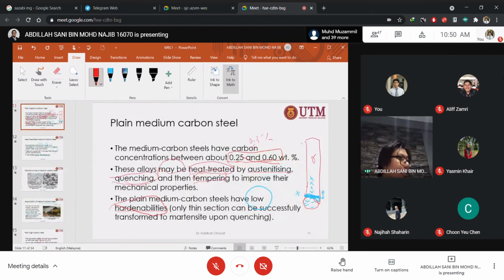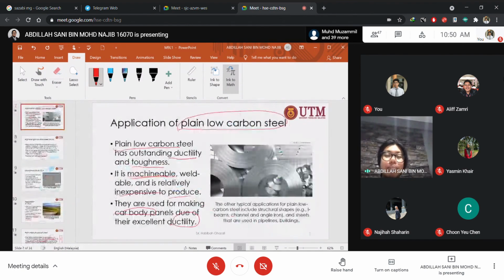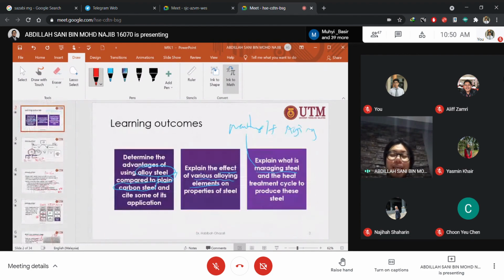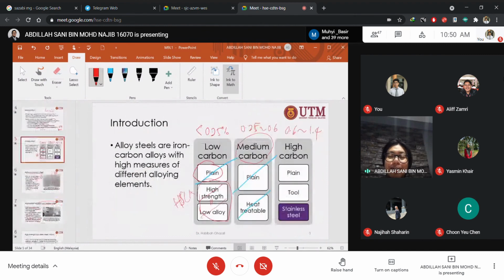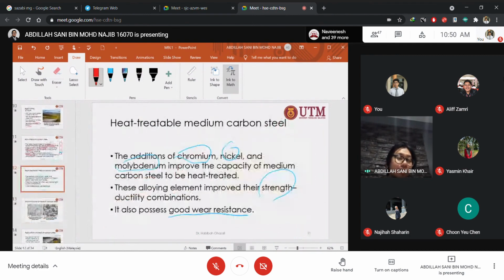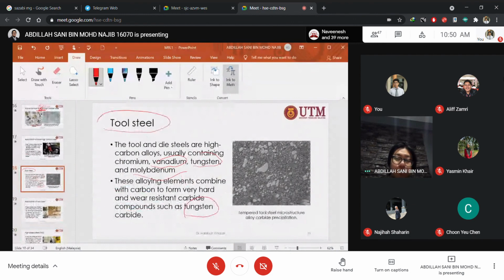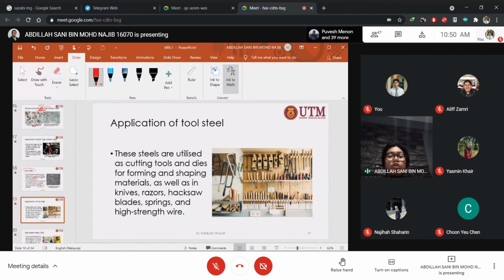Our time has already passed, but allow me just one or two minutes more. Sorry, because plain is done and now we are looking at tool steel. So we just finish off at the tool steel. It forms the tungsten carbide, which is very hard and very wear resistant, so it can be used as the material for tools.